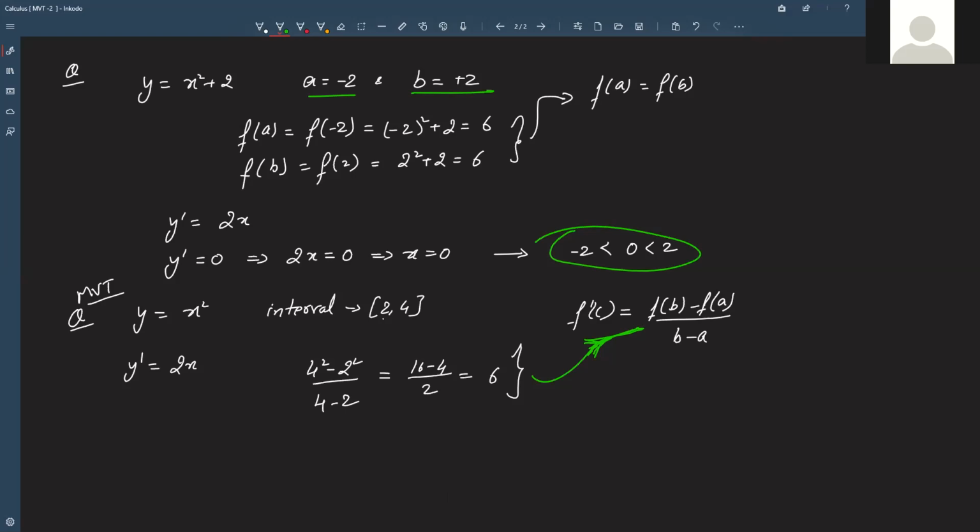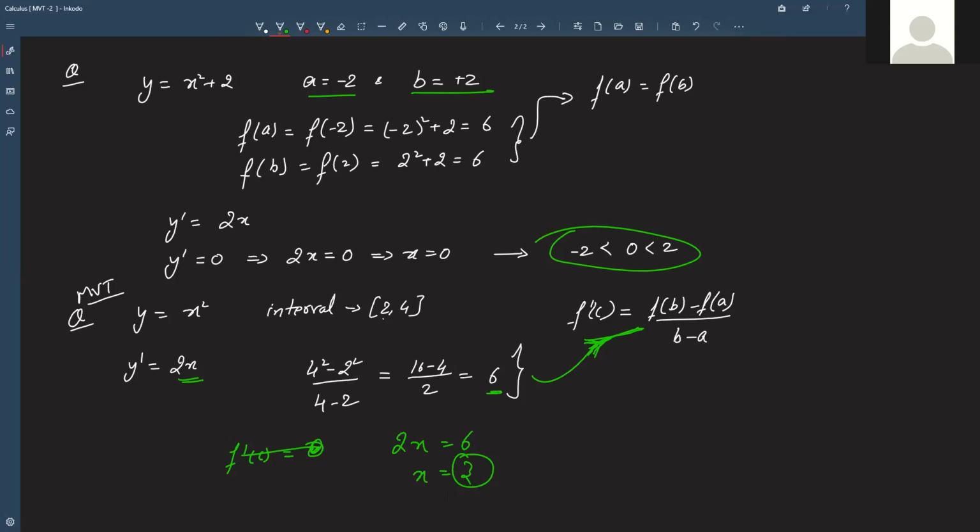So there is a point c such that f dash c is equal to 6, and this is actually our f dash c. So that means 2x is equal to 6 or x is equal to 3. You say it x or c, doesn't matter.